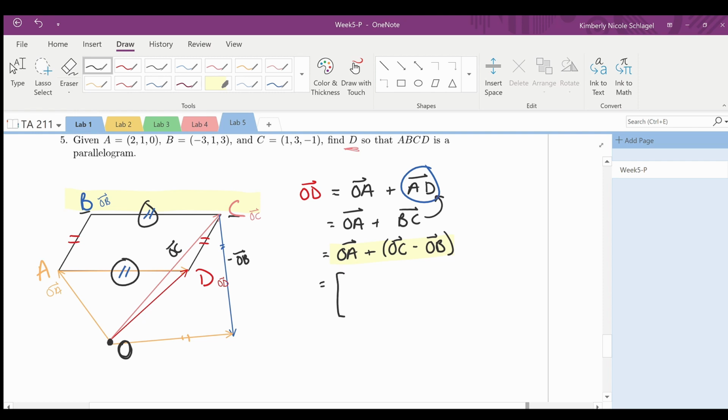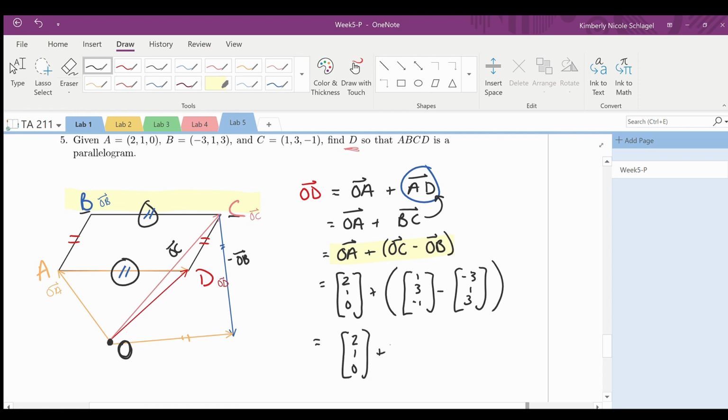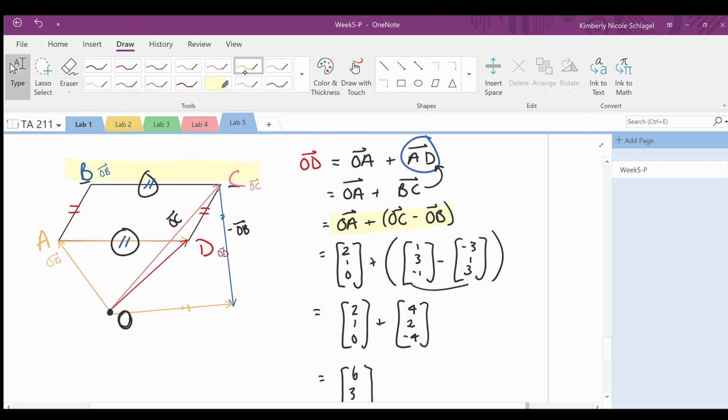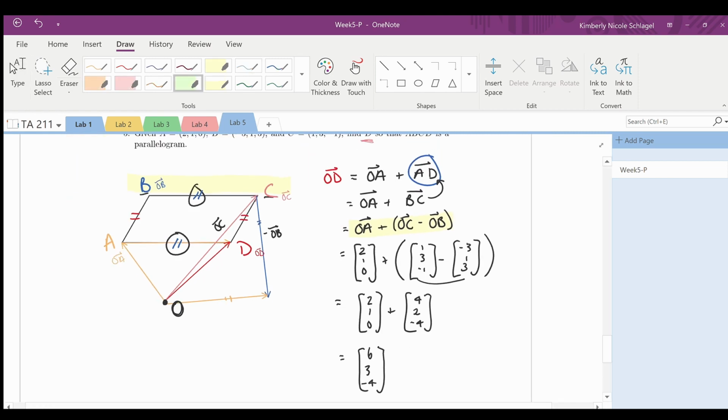So we know OA is equal to (2, 1, 0) plus (1, 3, -1) minus (-3, 1, 3), equals (2, 1, 0) plus, and when we add these two together, we get (4, 2, -4), and then adding these together, we get (6, 3, -4), and this equals our OD. So this guy equals D.